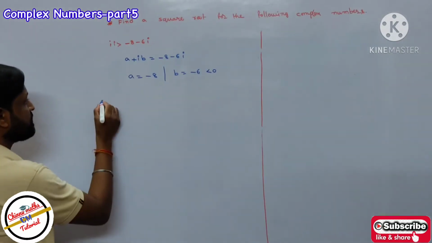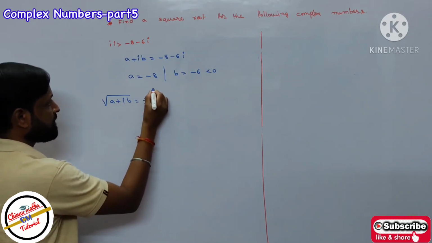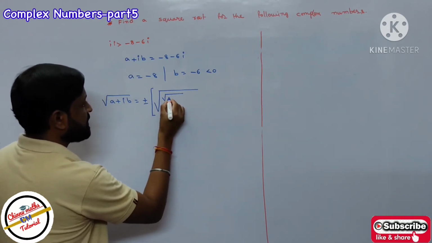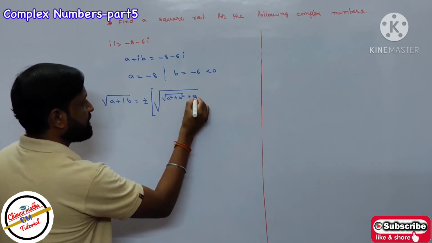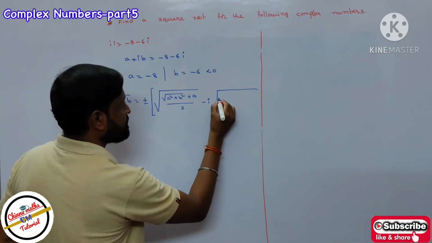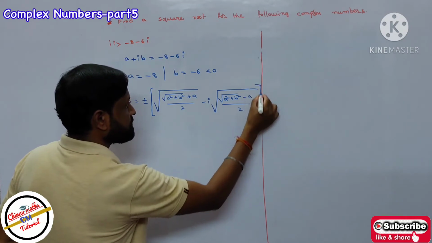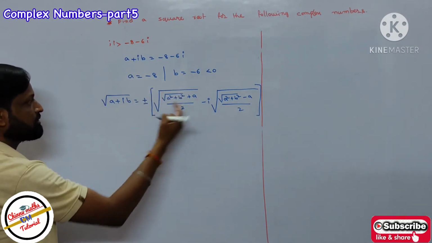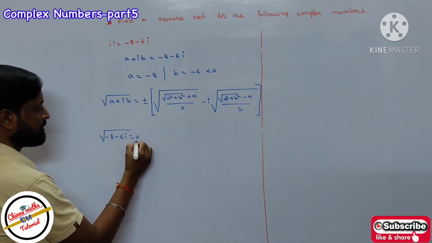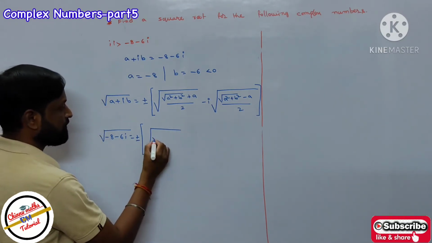B is less than 0, so what is the principle of the square root of the complex number a plus ib? It equals plus or minus square root of (square root of a square plus b square plus a) by 2, then minus i into square root of (square root of a square plus b square minus a) by 2. Then you can substitute the a, b values: the square root of minus 8 minus 6i equals plus or minus square root of a square plus b square.